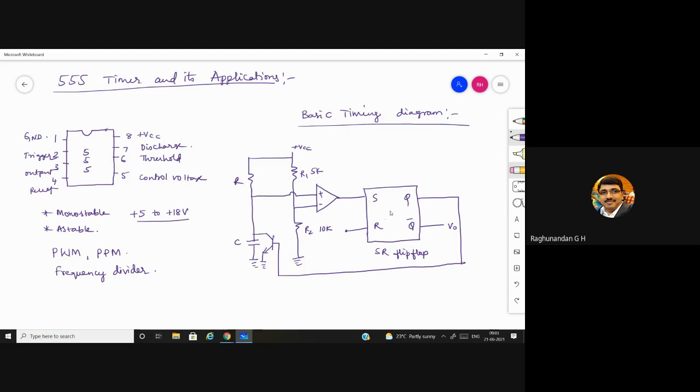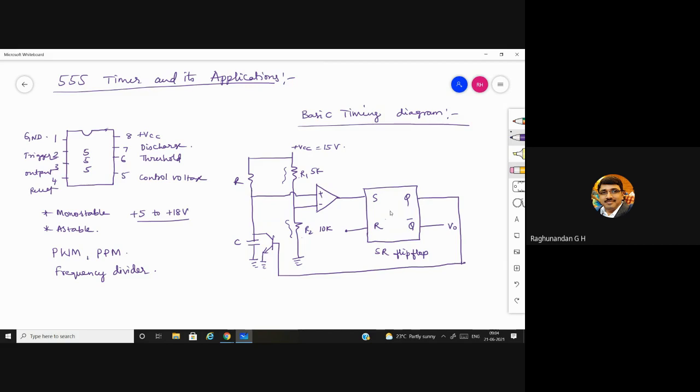By using this plus VCC, let us assume it is 15 volt. Now some amount of voltage will be across R2 and R1, because since it is a voltage divider circuit, there will be some voltage drop across R1 as well as R2.